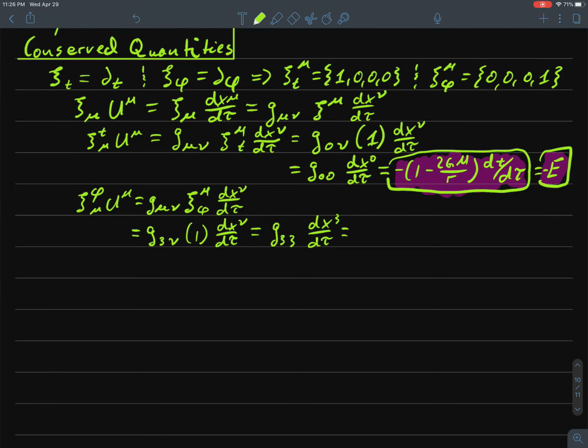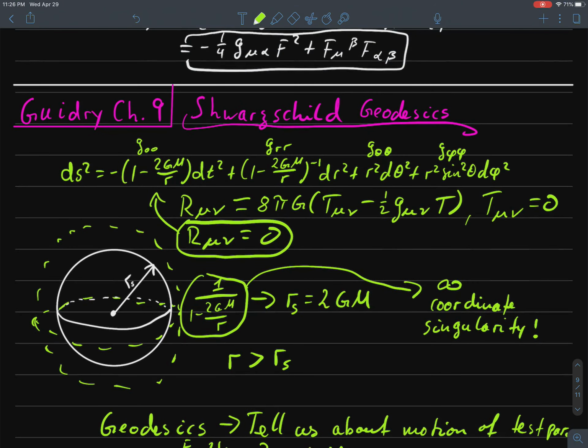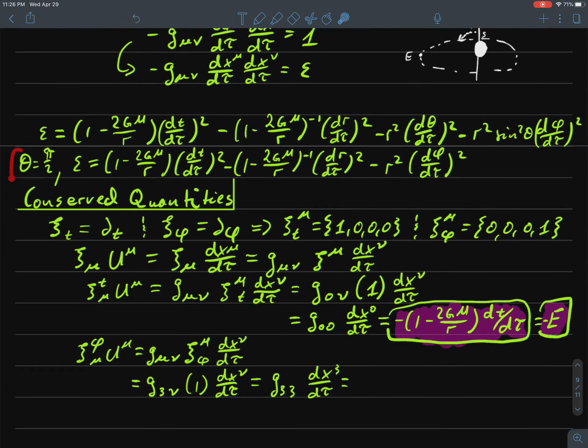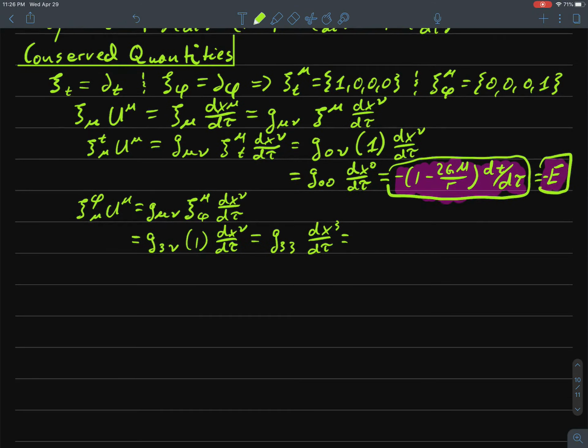So g33 in the Schwarzschild metric is r squared sine squared theta, but remember sine squared theta is 1 because we picked theta equals pi over 2. So I get r squared d phi d tau. And so we call this L, for angular momentum.